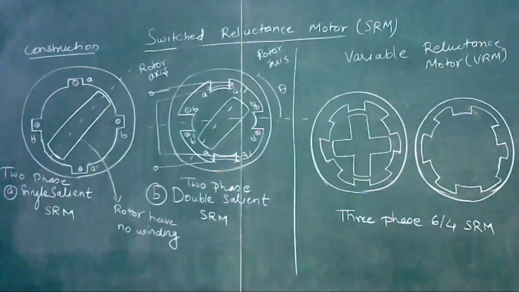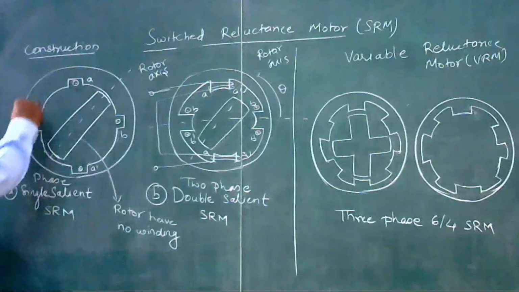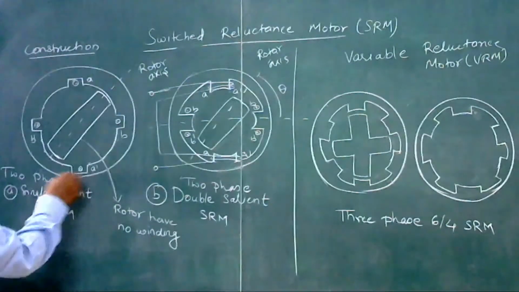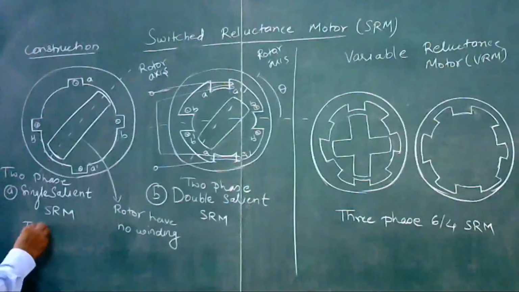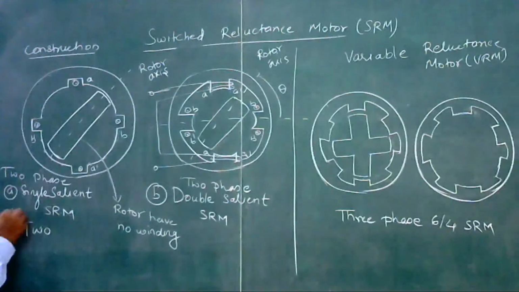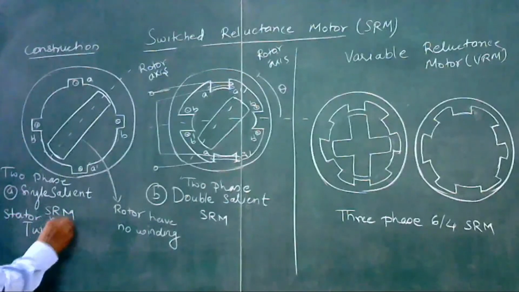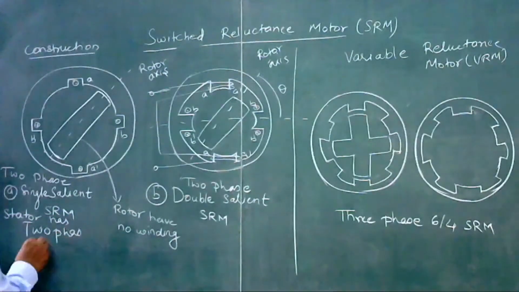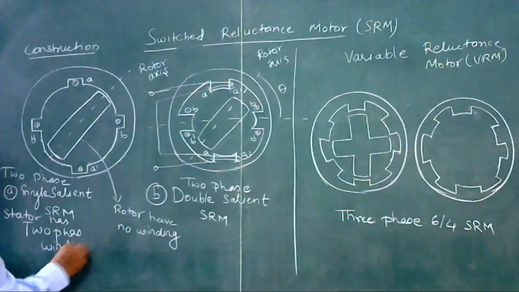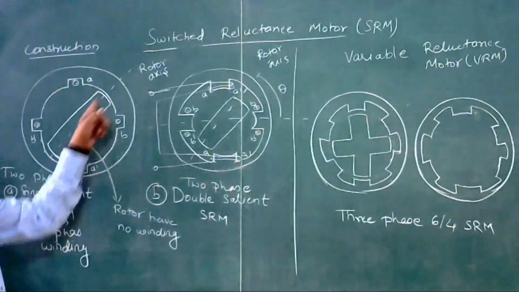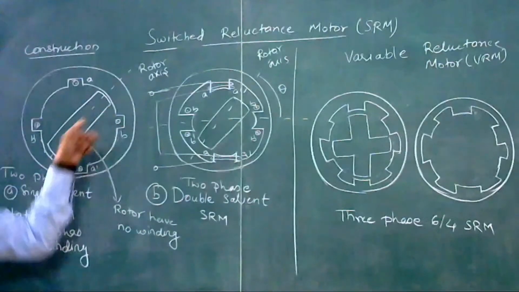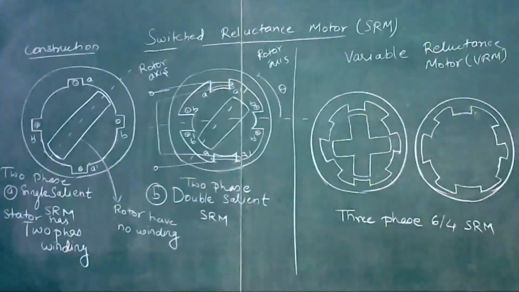In the single salient construction, this cylindrical motor has two-phase winding, and there are no windings on the rotor.